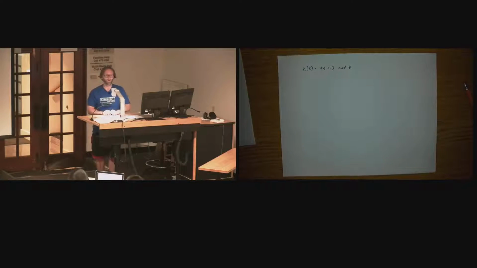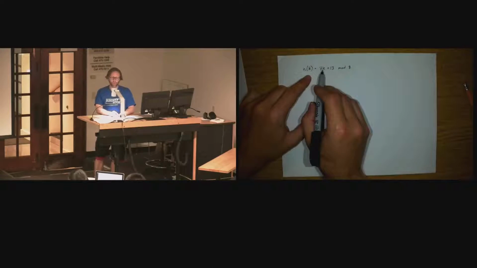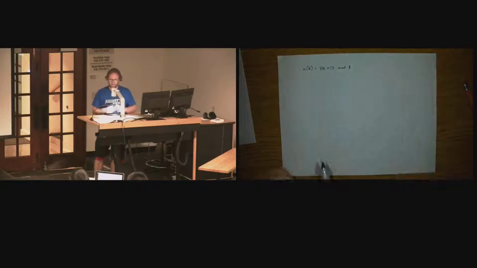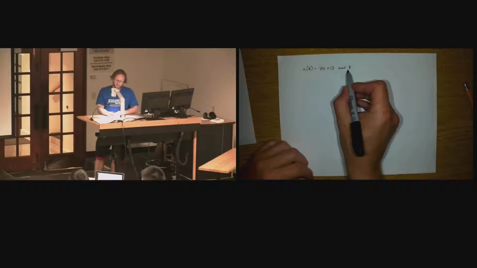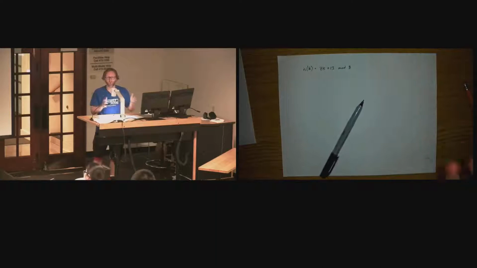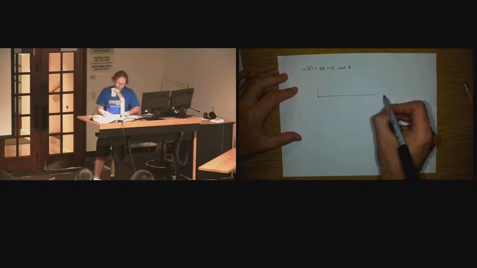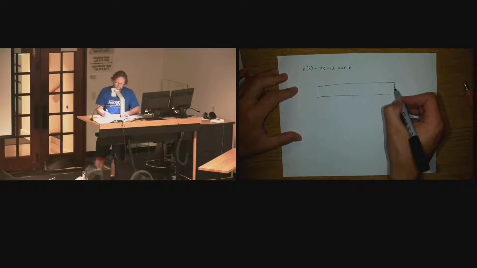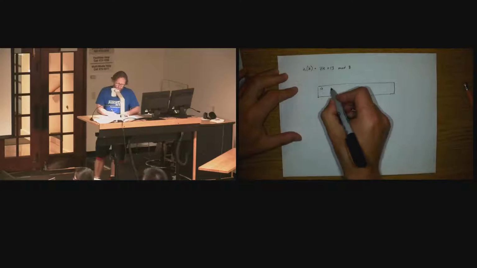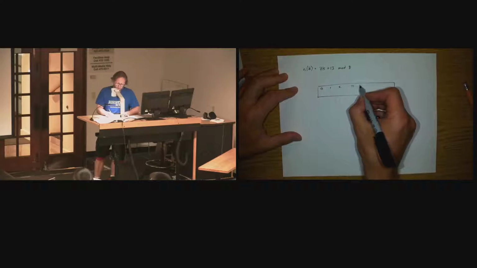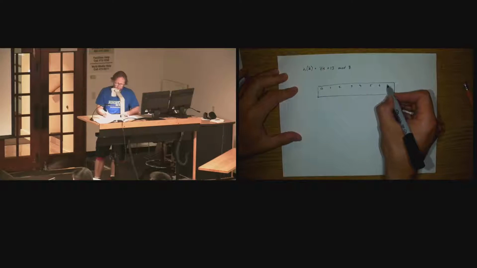So I've changed x here with k to drive home the point that it's a key. So with mod 8, implicitly, how big is my hash table here? Mod 8, I've got 0, 1, 2, 3, 4, 5, 6, 7. There are going to be 8 elements in my hash table, in my array. 0, 1, 2, 3, 4, 5, 6, 7.